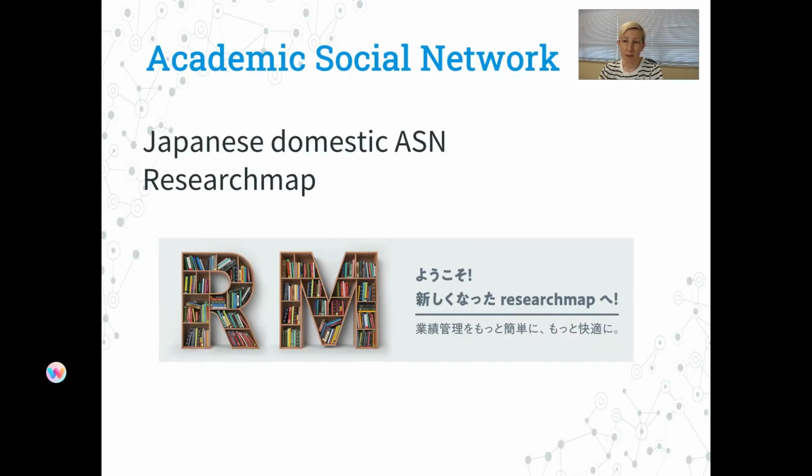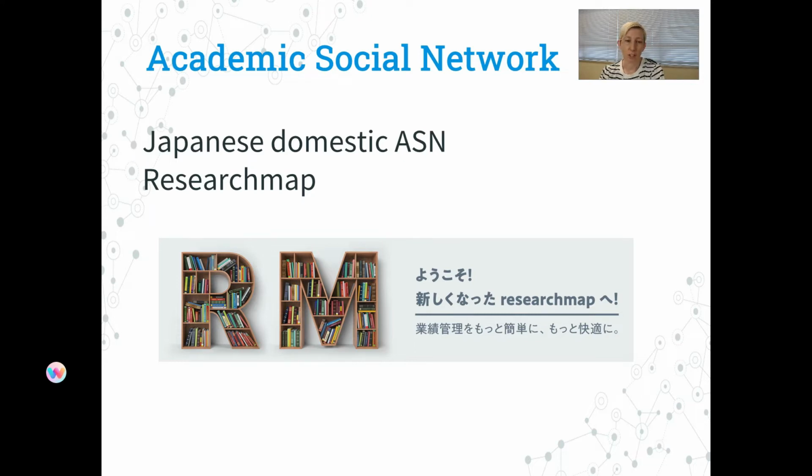In Japan, the most commonly used academic social network is ResearchMap. If you are a researcher in Japan, you probably have an account. If you are applying for any KAKEN grants, then I think you must have an account. So it's very widely used in Japan. It is also used by funders.